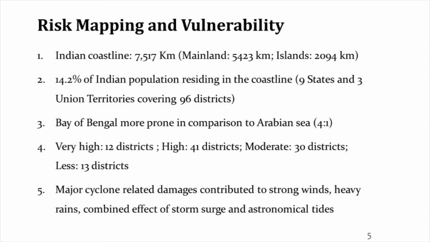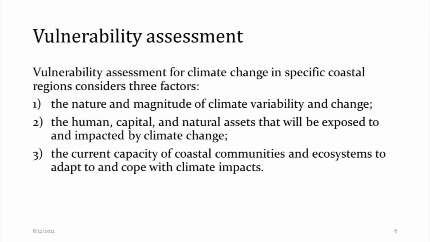The level of risk varies between districts. 12 districts are at a very high risk of cyclones or floods, while 41 districts are at a high risk of floods and cyclones. Major cyclone related damages are contributed to strong winds, heavy rains with combined effect of storm surge and astronomical tides. 3 factors are mainly considered for vulnerability assessment for climate change in the coastal regions.